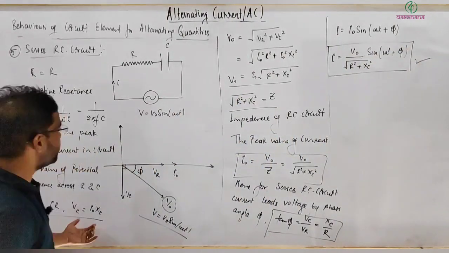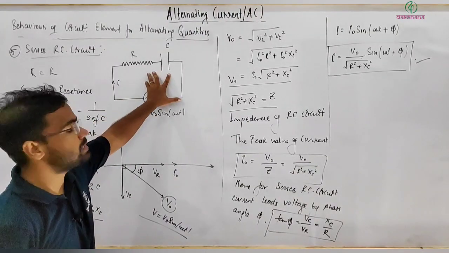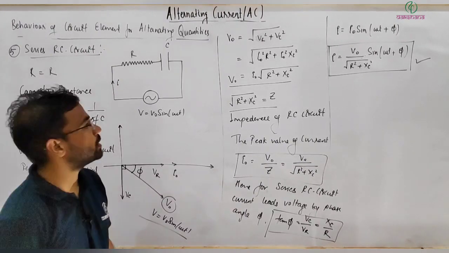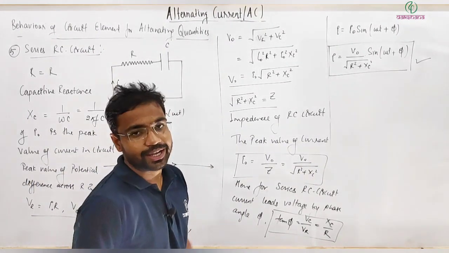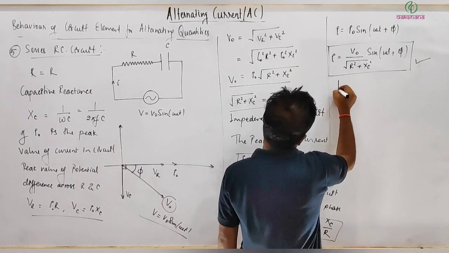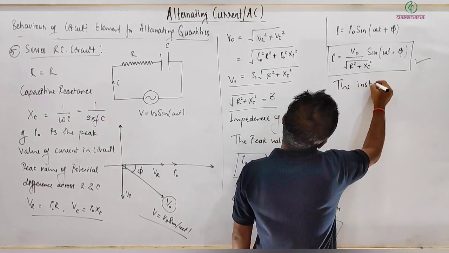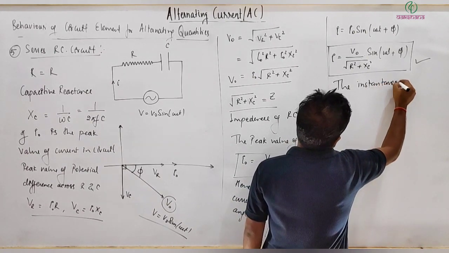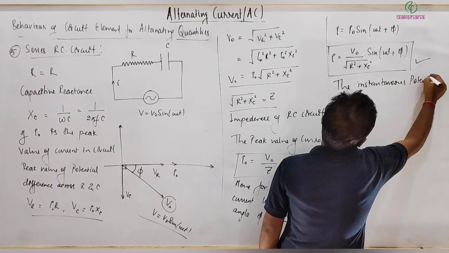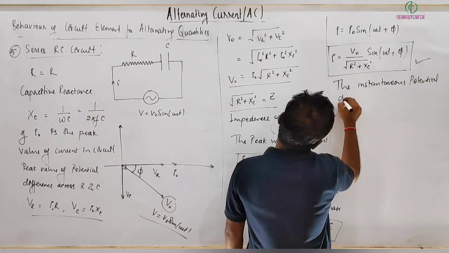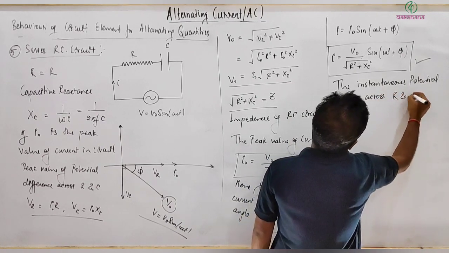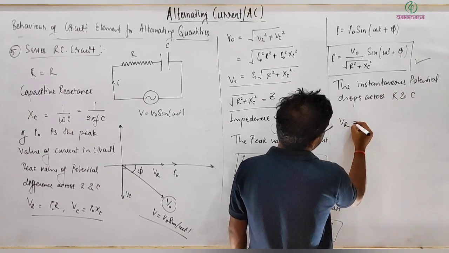Now current will be the same across R and C. These are peak values, but if I need the instantaneous potential drops across resistor and capacitor, that also I can express. The instantaneous potential drops across R and C can be written as VR is equal to what?